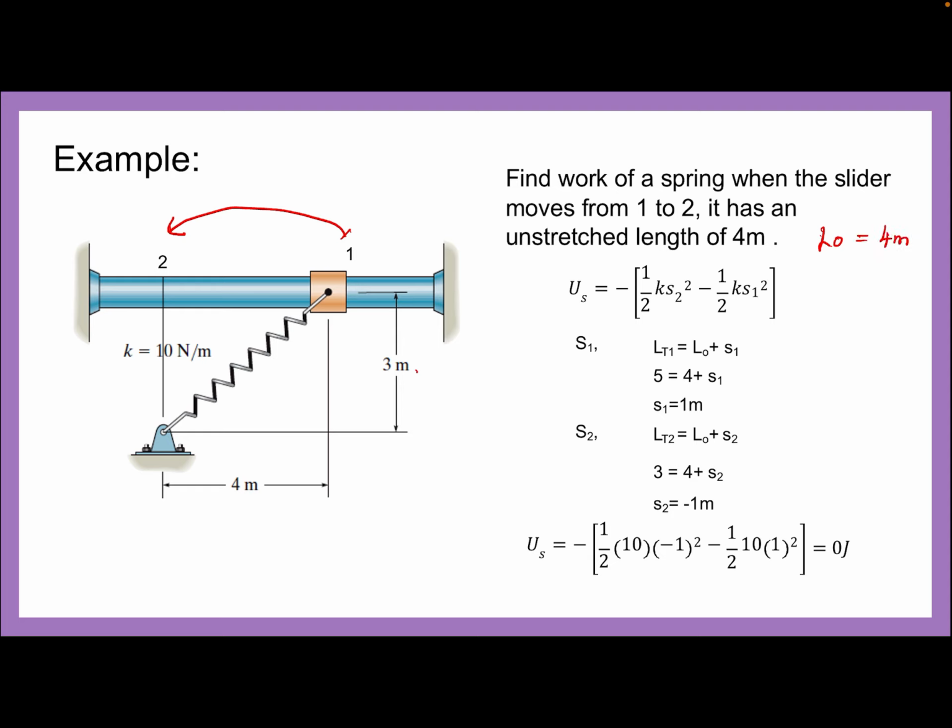We know that work of the spring is equal to negative half K S2 squared minus half K S1 squared. Next step, you need to find S1 and S2. From the formula, total length 1 equals L naught plus S1, and you know that L naught is 4.